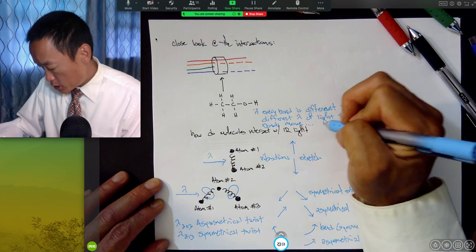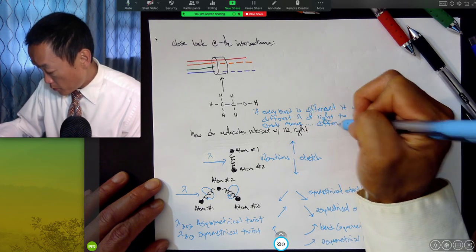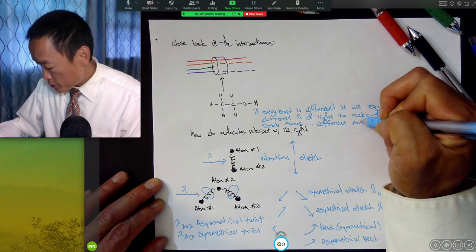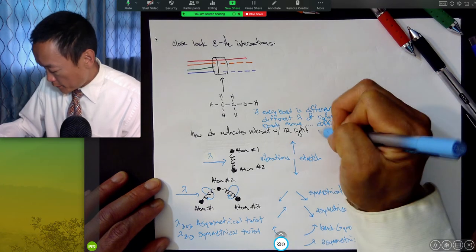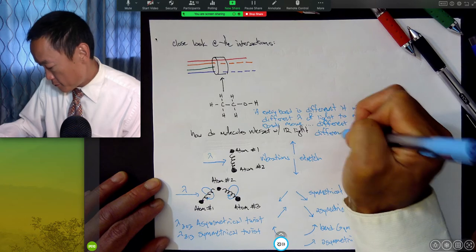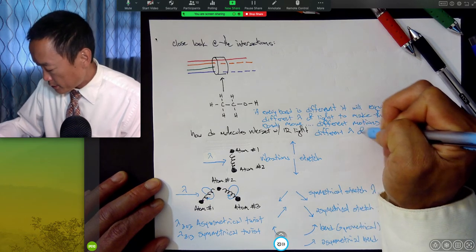Substatement, different motions require different wavelengths of light as well.